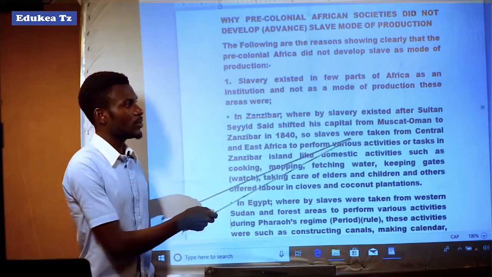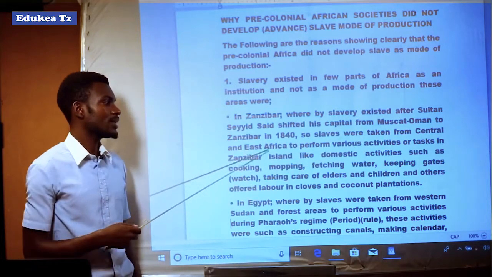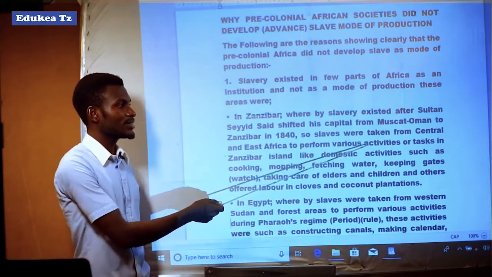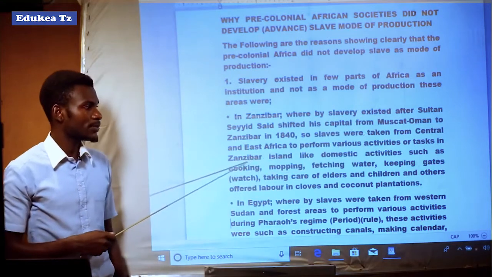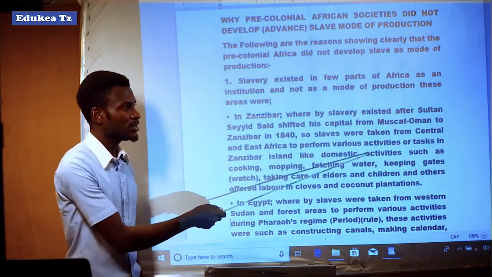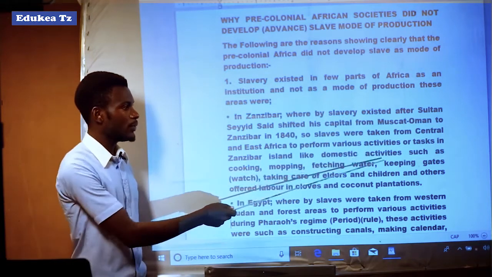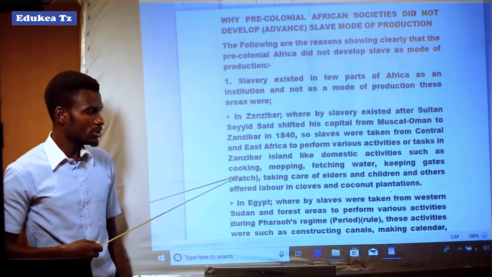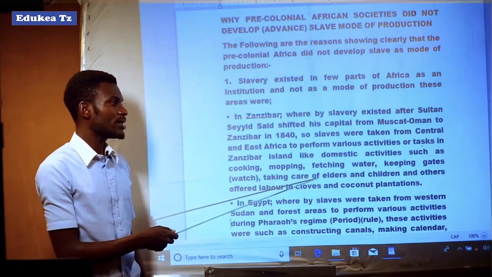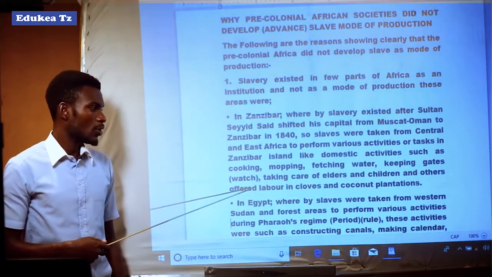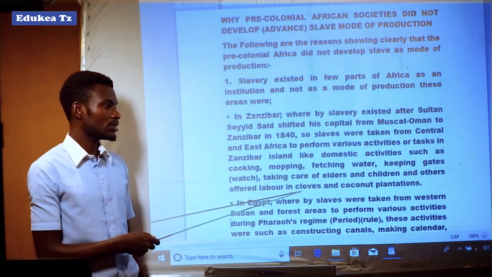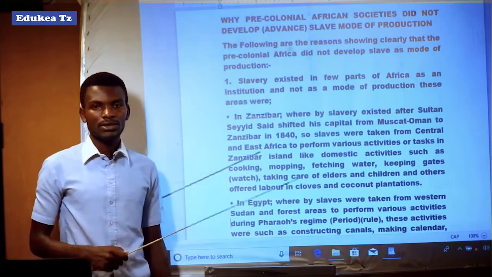So slaves were taken from Central and East Africa to perform various tasks in the Zanzibar Islands, like domestic activities such as cooking, mopping, fetching water, keeping gates or watch, taking care of elders and children, and others offered labor in the clove plantations and the coconut plantations.